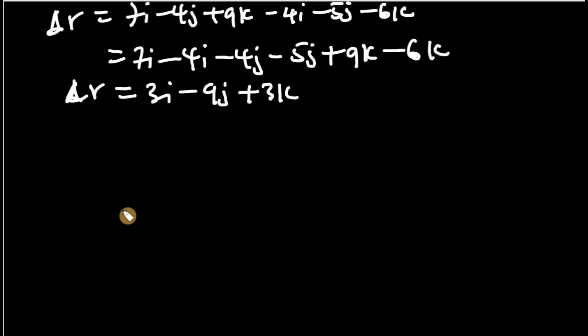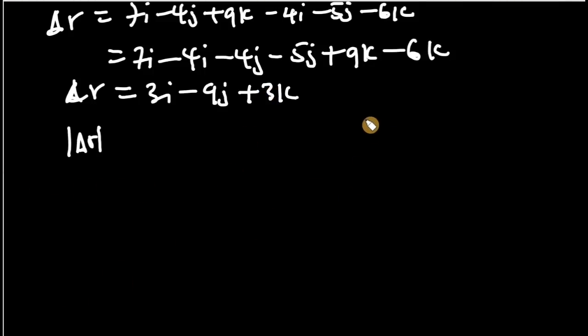So this question can as well ask you to find the magnitude of this vector. So you can try this and put the answer in the comment section. Let me give you hints.